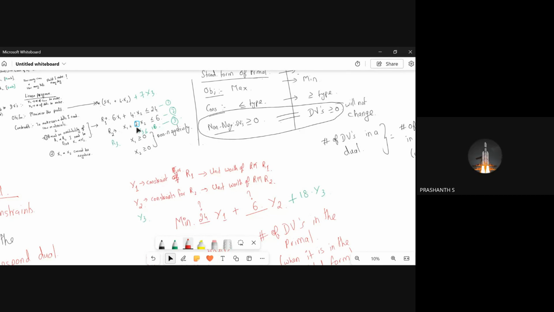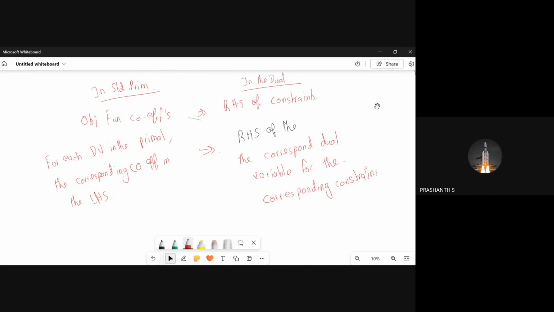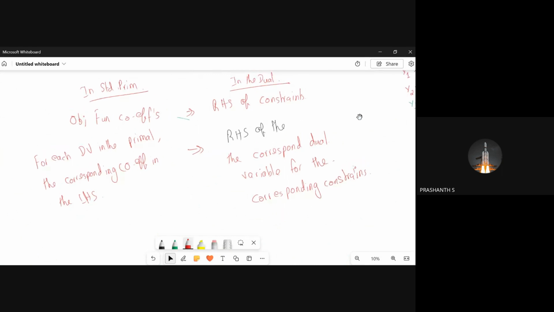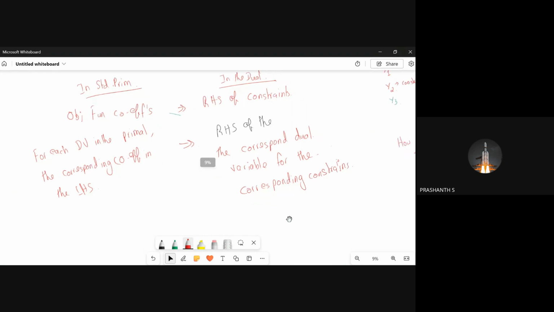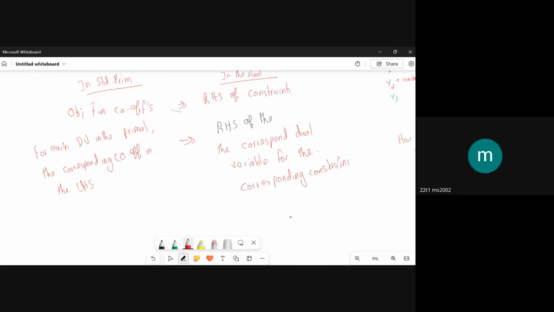So those are the rules. I'll write the final one also. RHS of the constraints become the coefficients in the objective function.